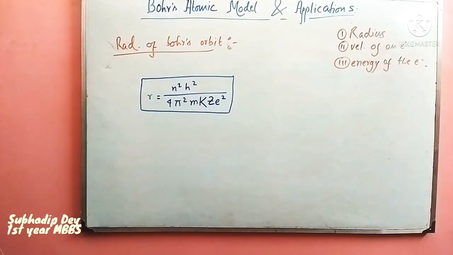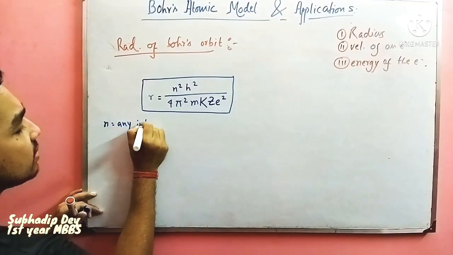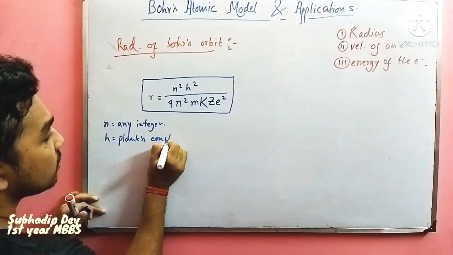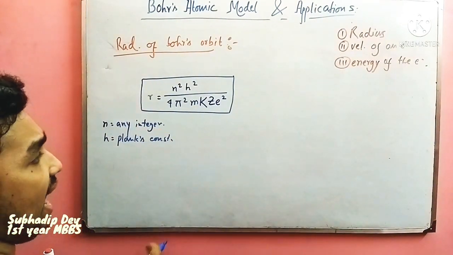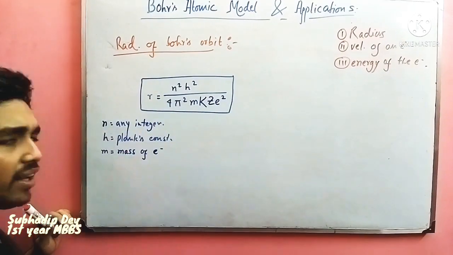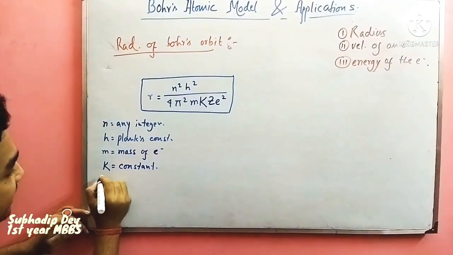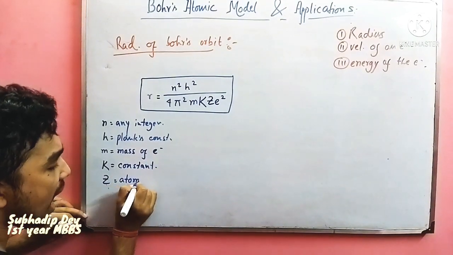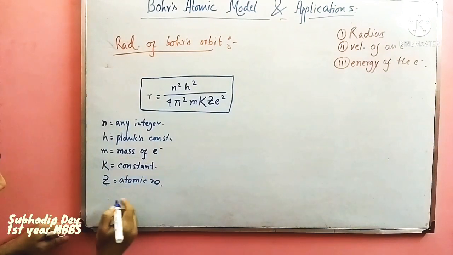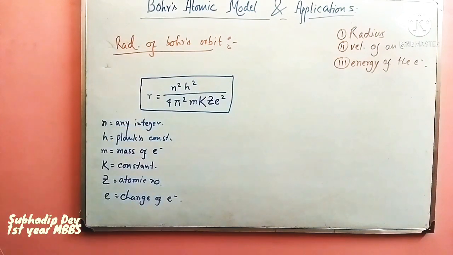Here you see r is the radius of the orbit, and n, you know, is any integer, and h, you know, is Planck's constant. 4 pi square is another constant, and m here is the mass of the electron moving within the orbit, and k is another constant value, and z is the atomic number of the specific atom whose orbit radius we need to know, and e is nothing but the amount of charge of the electron in the orbit.